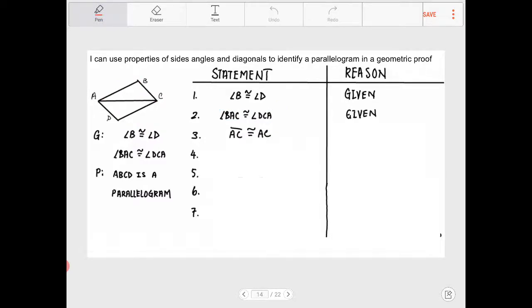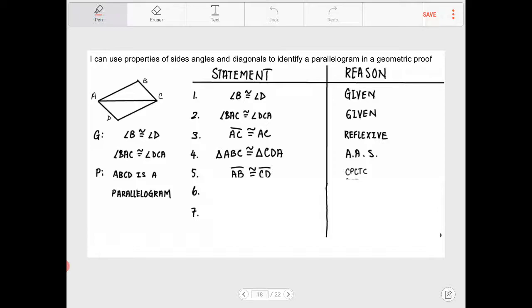So I know that AC is going to be congruent to itself because of reflexive. Because of that, we can declare that the two triangles are congruent to one another because of angle side. And because the two triangles are congruent, we can say that certain parts of the two triangles are going to be congruent.